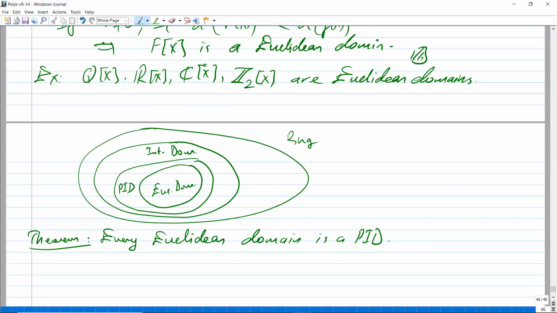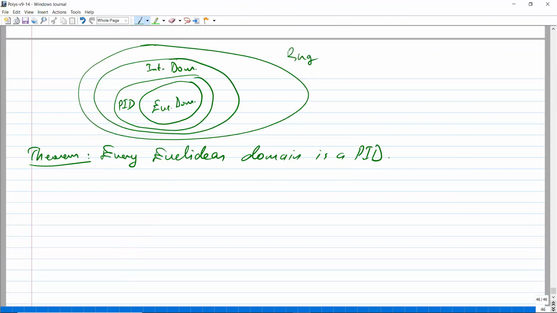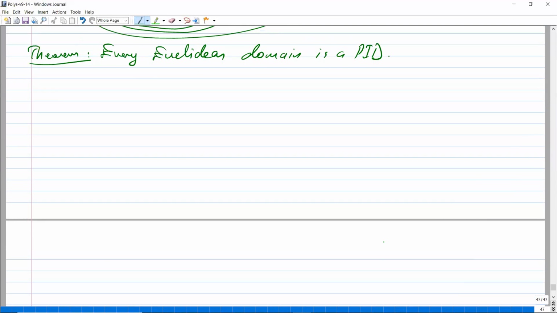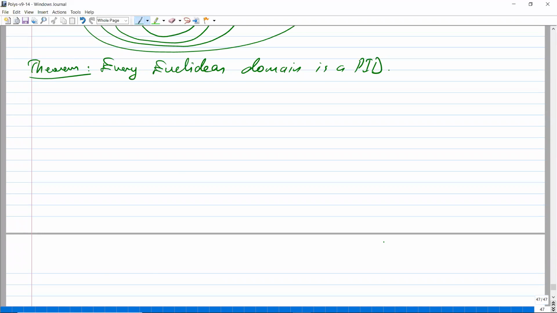The proof is just like Z, nothing else. Euclidean domain means just, so namely, how did we show that Z is a PID? What did we remember? How did we show it?